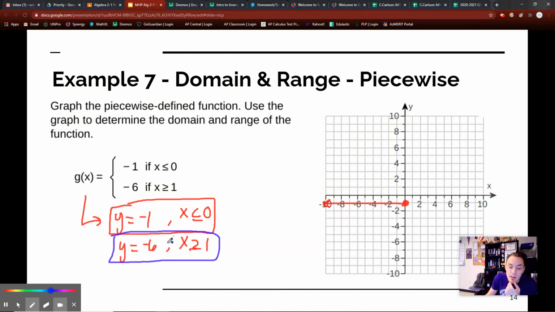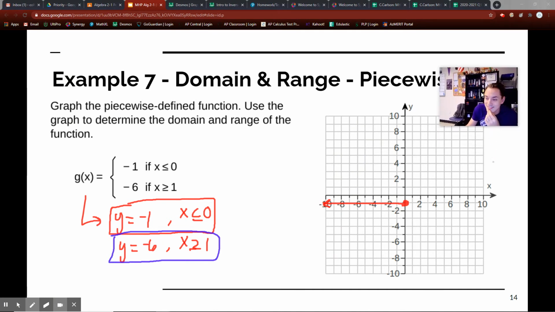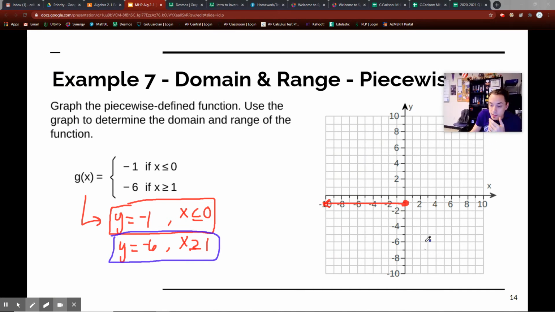The blue, -6. Now it starts at 1, so 1 right here. And it's also equal to, but it's greater than.